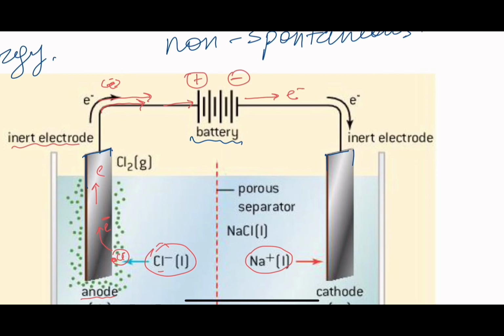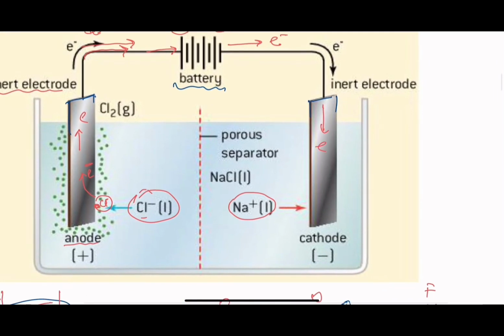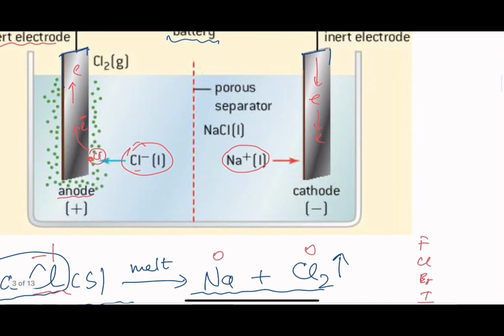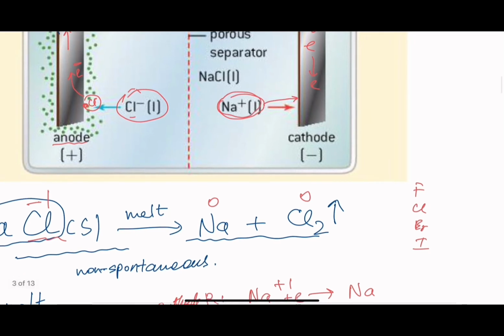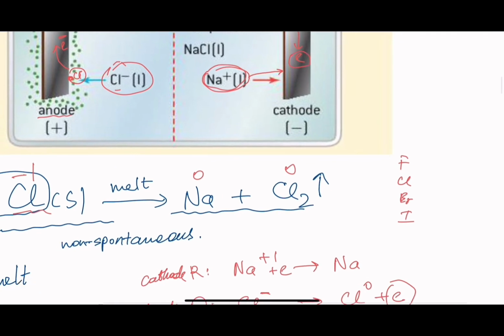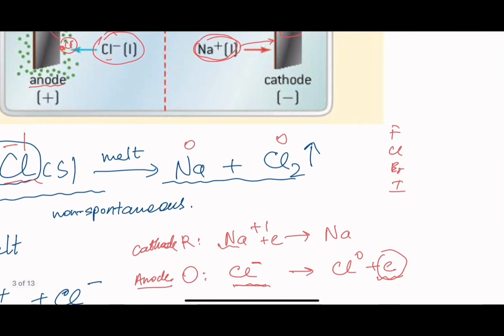From the negative side, the electron comes out. Negative and negative repel each other. The electron comes to this electrode. The electron is here now, and look at this. The sodium ion that is dissolved comes and attaches to this electrode and gains the electron. You remember the OIL RIG part, reduction is gaining. So this is where the reduction is happening.